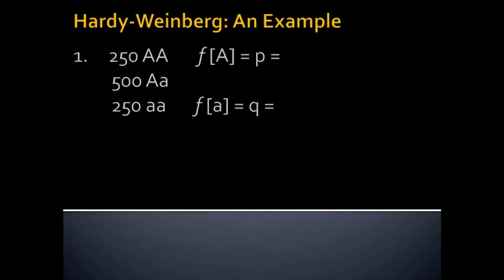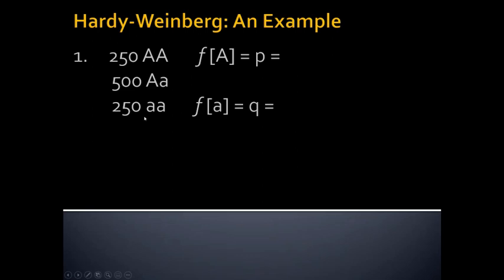So that's why I do the why. So let's start with an example. We'll work through one example, and then we'll talk about why this Hardy-Weinberg equation works. So let's say you go into a population and you sample 1,000 individuals randomly in that population.